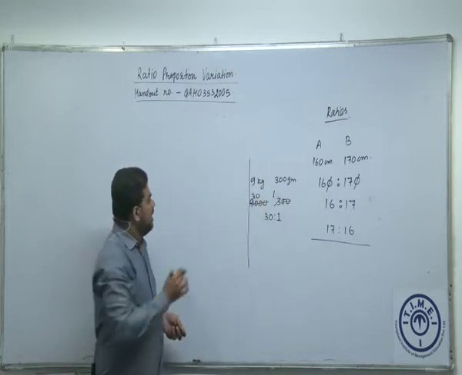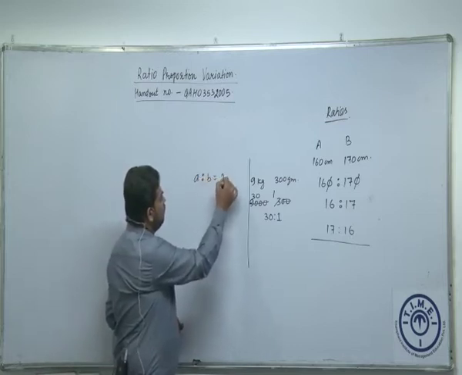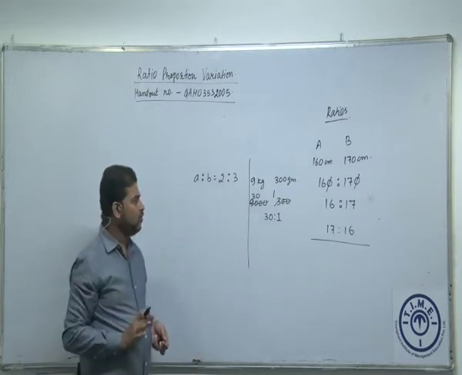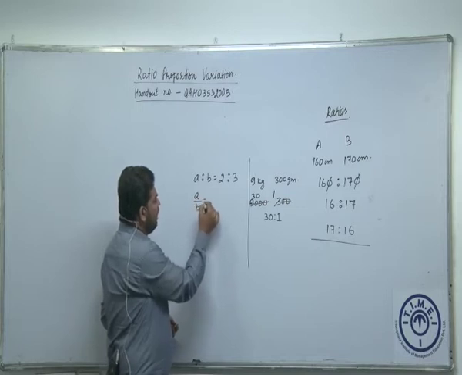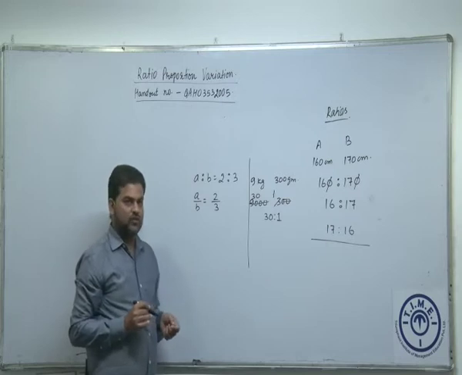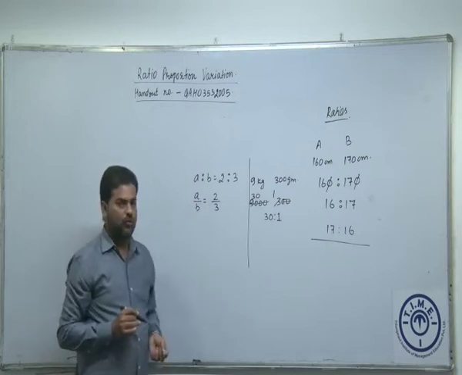Now, suppose A is to B is equal to 2 is to 3. So we can also write this as A by B equal to 2 by 3. If A is to B is 2 is to 3, then you can also write it as A by B is equal to 2 by 3.